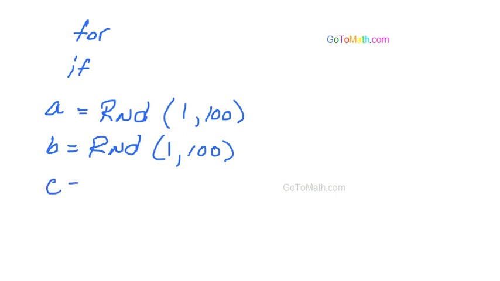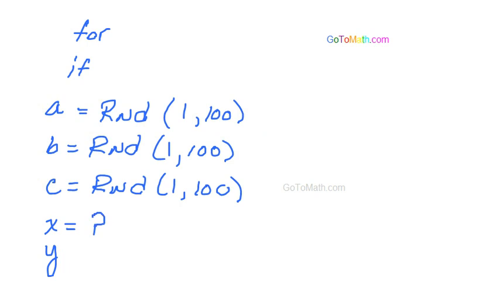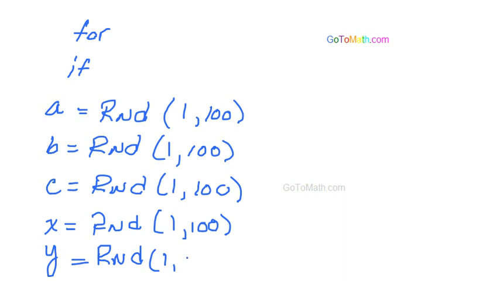And C, we're going to assign it a random number between 1 and 100. Okay, and then we'll call this X and Y. I don't know why, but we are. Here's a random number, right? And we're going to assign this guy a random number between 1 and 100.